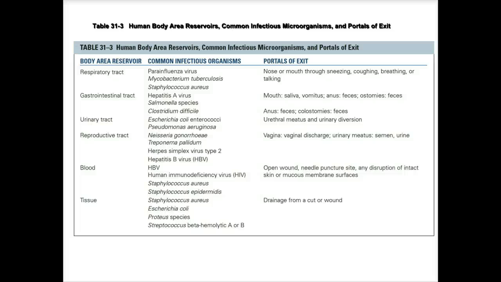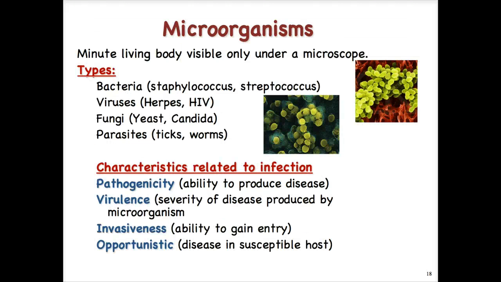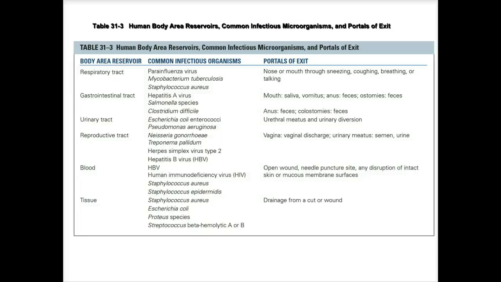Human body area reservoirs, this is important. It's a table in your book to be familiar with. This is definitely testable material. So we have organisms. We want to reduce the spread as much as we can. We need to understand how the body can be reservoirs, different parts of the body, how they are portals of exit and entry.